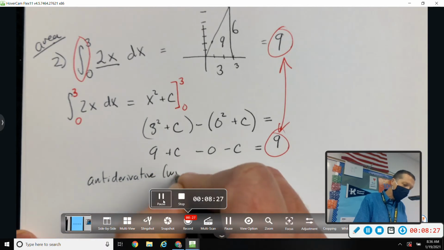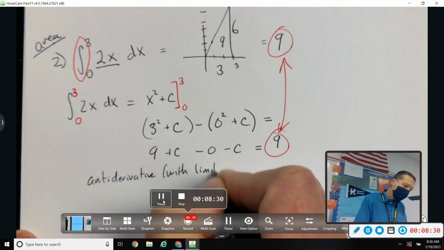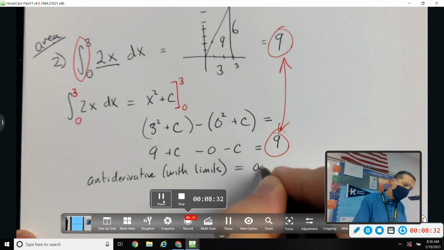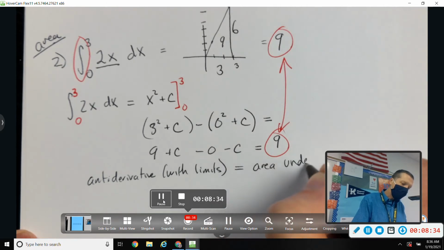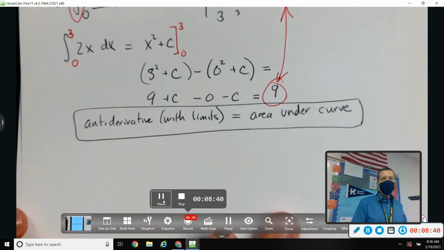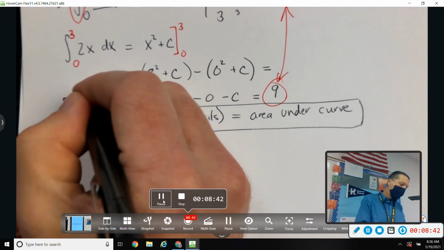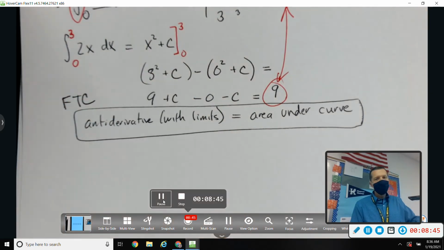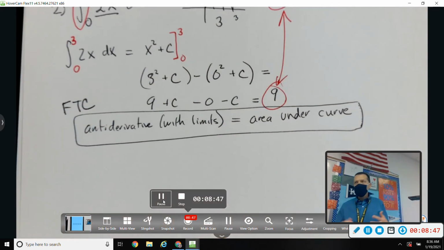Antiderivative with limits equals area under the curve. That's the really unprofessional, slangy way to say that's the fundamental theorem of calculus. That's the connection that we've been writing right up against. We didn't do it on the last test because it's hard enough to do antiderivatives.